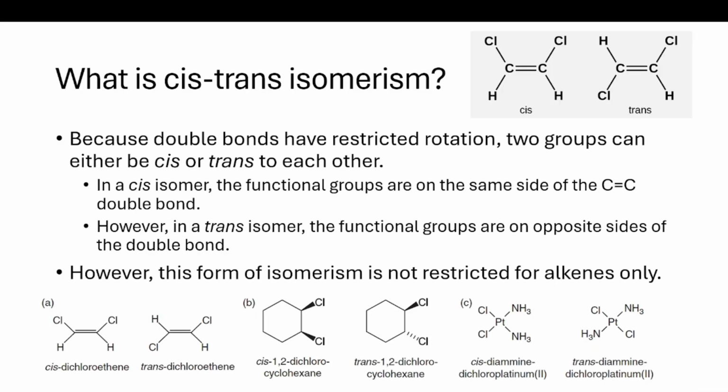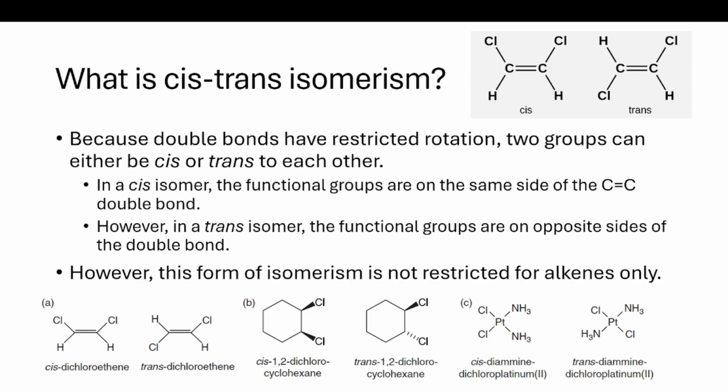All right, so get ready for another type of isomerism. This is going to be known as cis-trans isomerism. And this is going to concern even more double bonds. So imagine that we have an alkene, right? We have a carbon-carbon double bond in the center, and we have certain groups that are attached to the carbons.